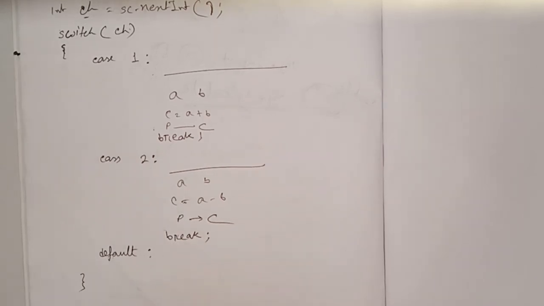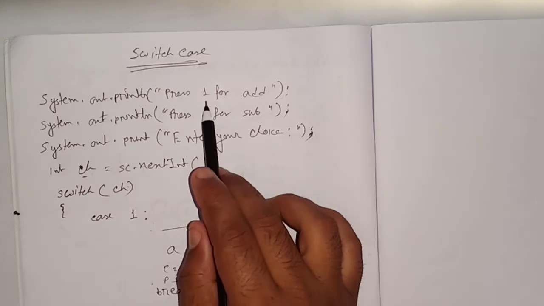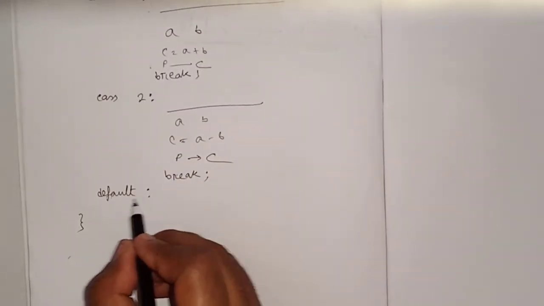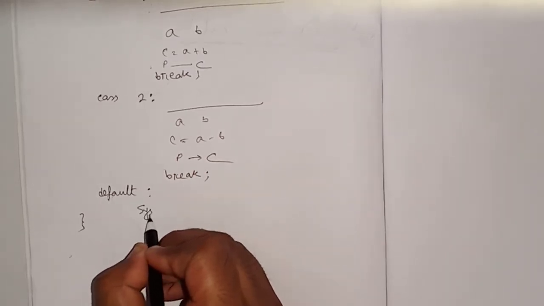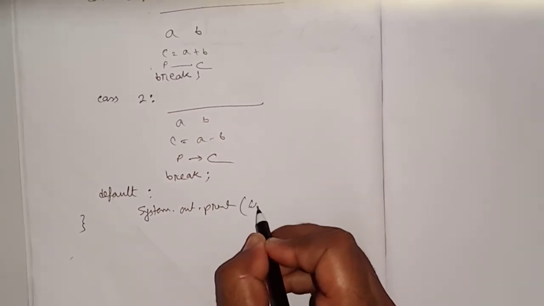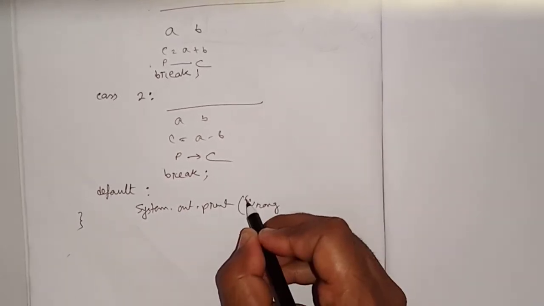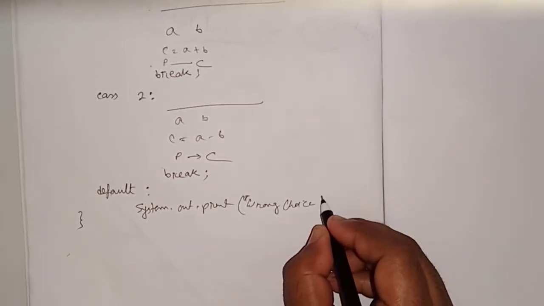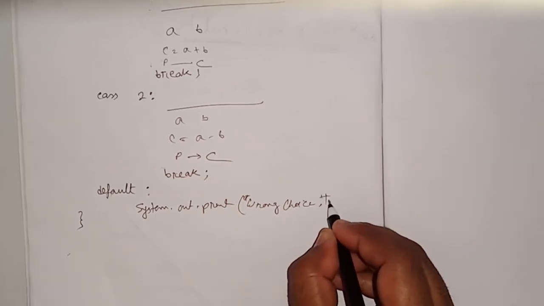What is the meaning of default? Suppose I'm giving an option, press 1 and press 2. Suppose someone presses anything other than 1 or 2, at that time we need to say something: you are pressing wrong, your choice is wrong, please try again. The same thing we write inside the default: System.out.print wrong choice, try again.